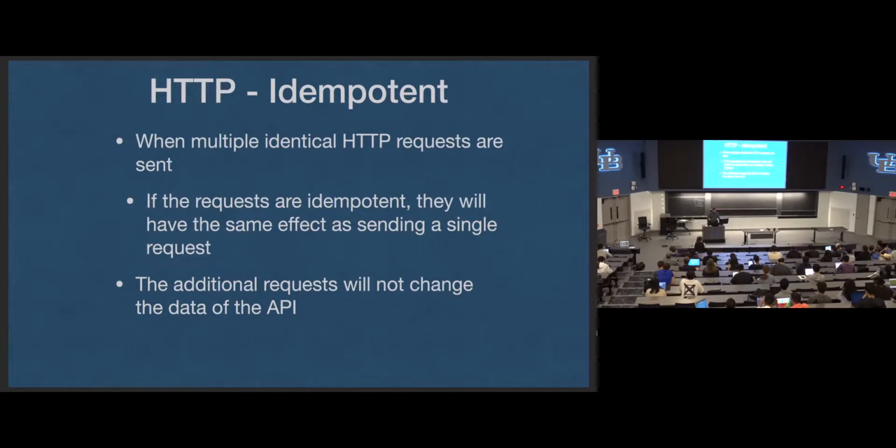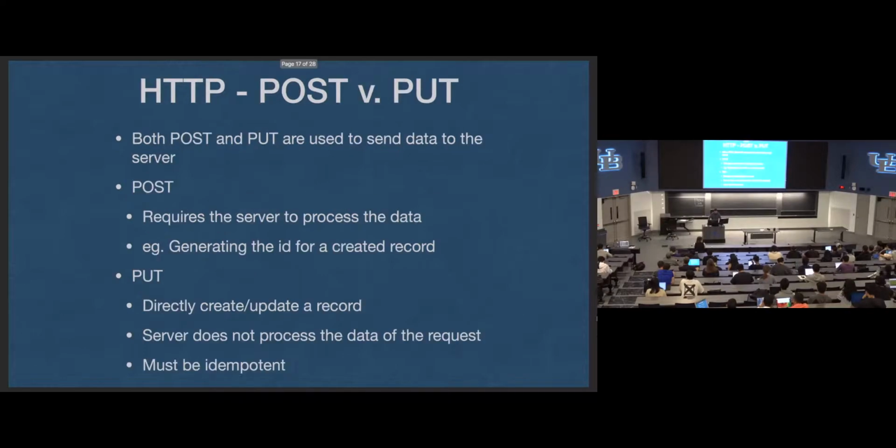On the previous slide, you said the put request could create or update a record, and I was kind of confused. If you are creating a record, wouldn't you require the server to process the data? That's why creating records is a post request. If the users were in charge of their own IDs, then we could use a put request for creation. We could say, okay, I'm going to create a record with ID 5 with this email and this username.